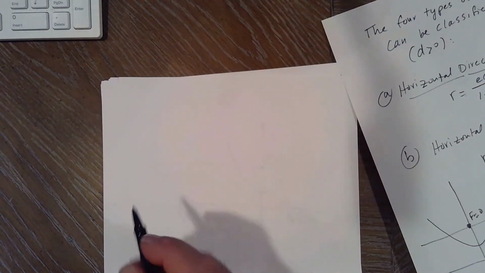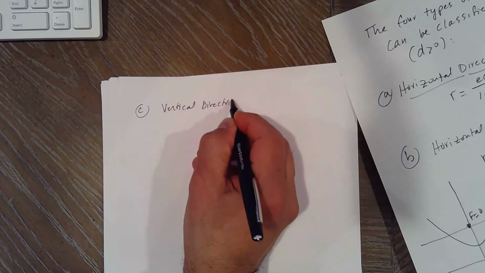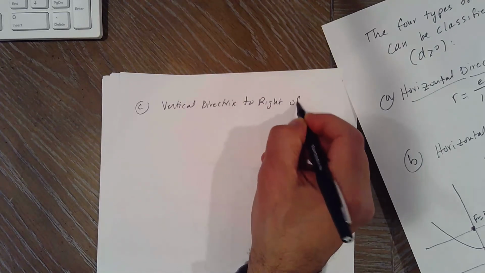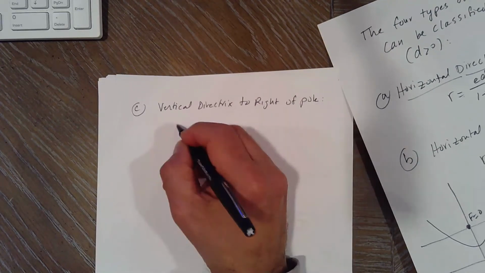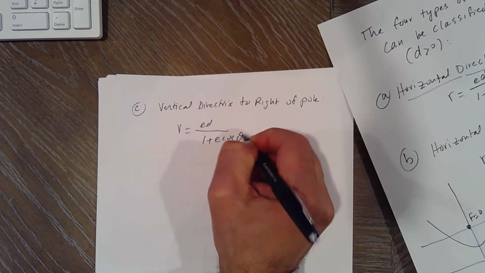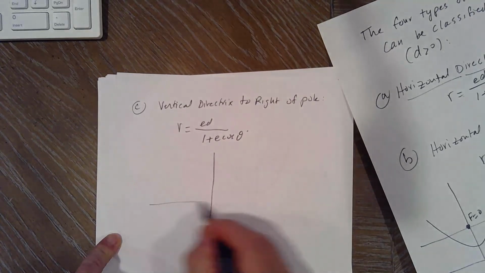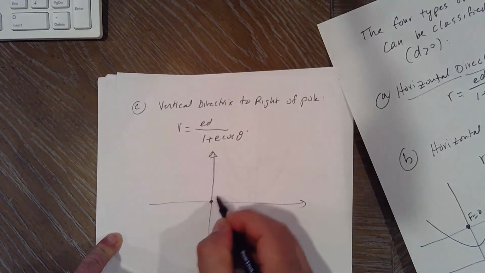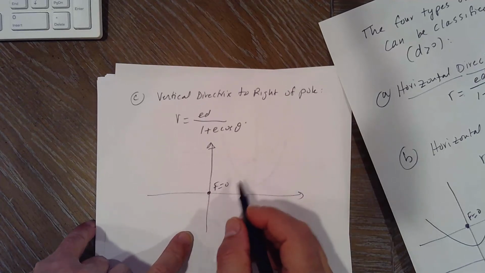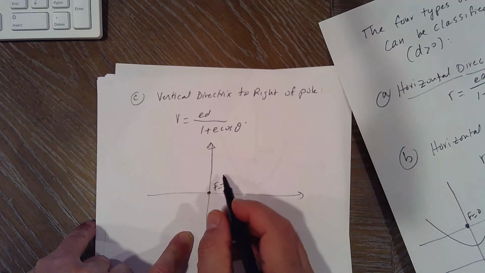Okay, if you have a vertical directrix to the right of the pole, r equals ed over 1 plus e cosine theta. So this is the focus, which is the pole, and we have a directrix to the right of the pole.